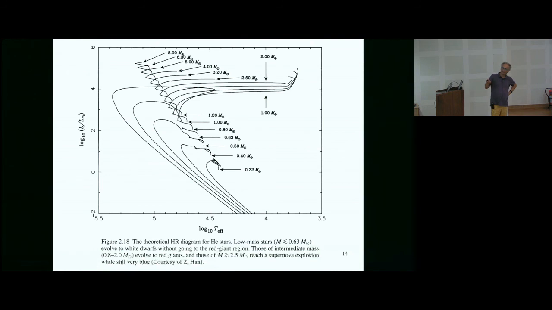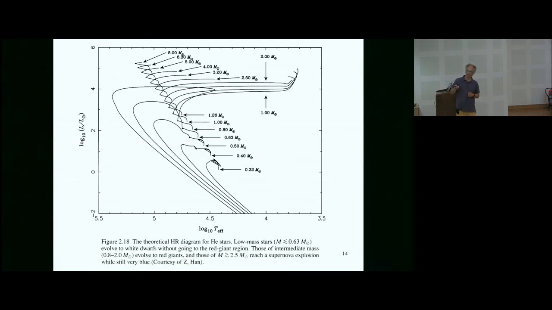And probably, for the more massive ones, you can go through a supernova explosion and form a neutron star. If you go to higher masses, what you can see is that they also start entering the giant branch, so they start expanding their radii before they explode as supernova and form either a neutron star or a black hole for the higher, more massive ones.